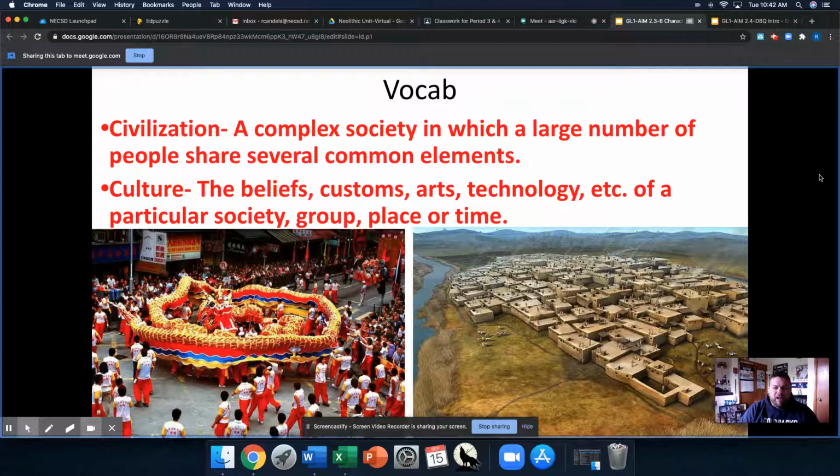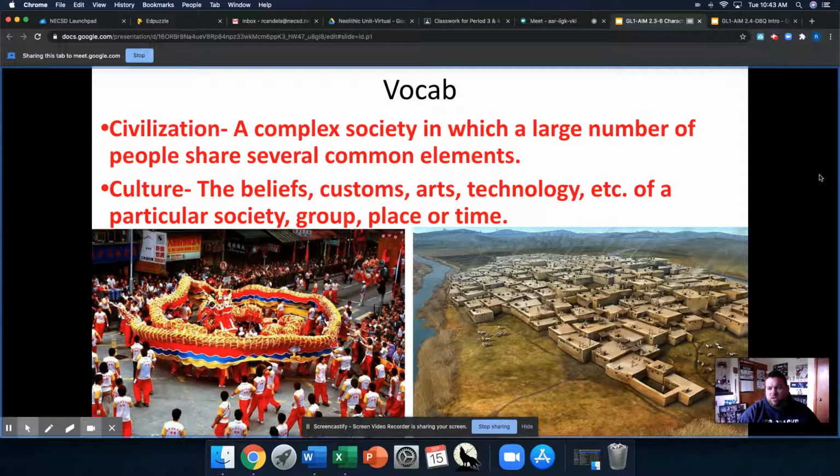The culture of adolescence in America in cities during the 1960s. So now you can see how we can continue to narrow the scope, and we could just say the culture of the 1960s or the culture of teens. So we can use the word culture in reference to all of those things. So it's important to understand exactly what that word means and how it's going to be used going forward. We could talk about culture in general of a society, or we could talk about culture of subgroups of that society. That's essentially what we're getting at.